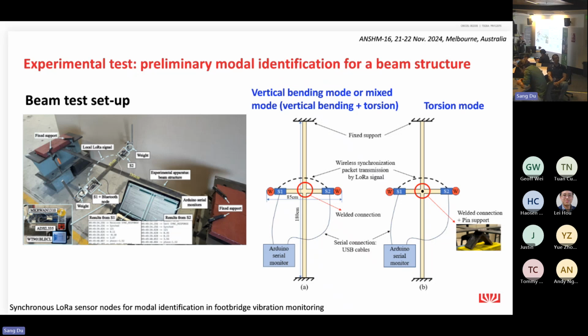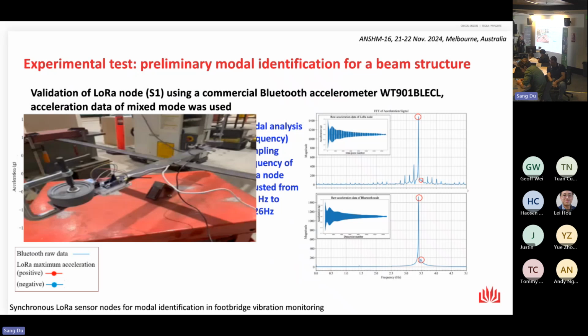So the phase difference between them would be pi. We also use method A to trigger the mixed mode with both vertical bending and torsion. And I will show you how it works.